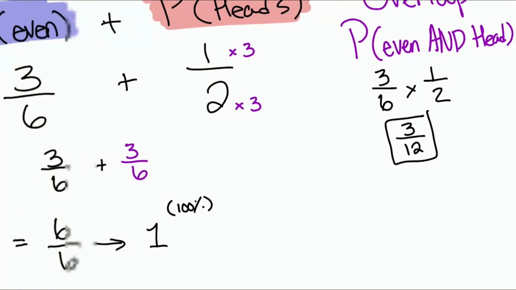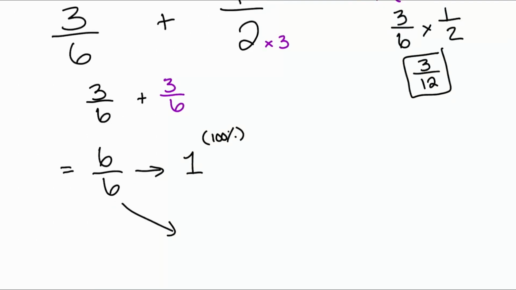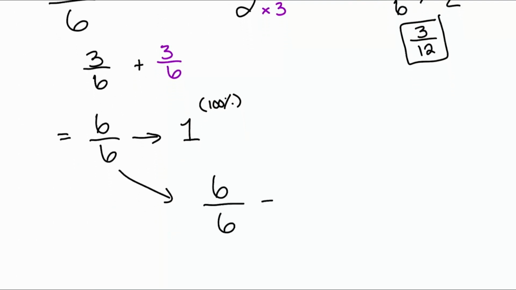So let's zoom on out ever so slightly. And let's remind ourselves that what we had when we did the even plus heads, that was 6 over 6. So let me just bring this on down here, because we're going to have 6 over 6 minus the overlap, and the overlap was 3 over 12.